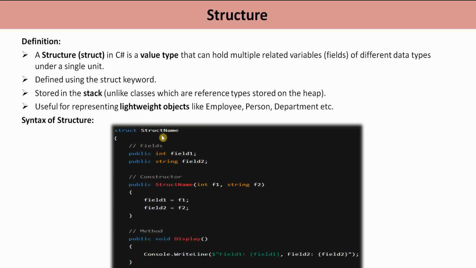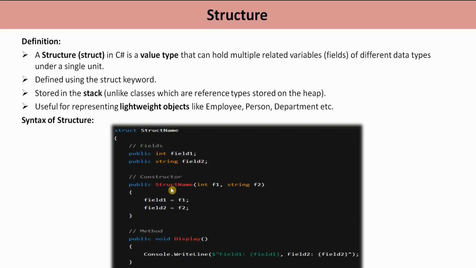So here is the syntax of a structure. If we want to use a structure, we have to use the struct keyword. Then we provide the structure name, and here are the fields which we can create in this structure, like a public field with data type and field name, and this is the constructor.